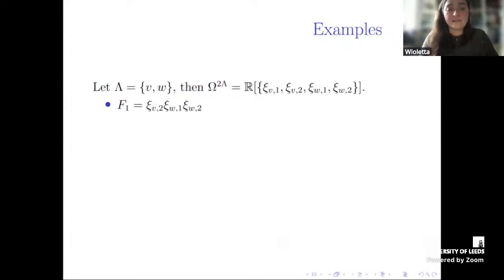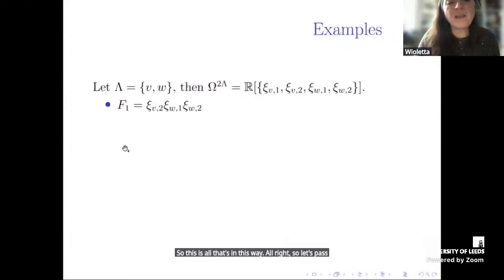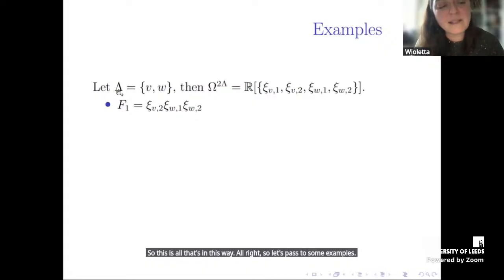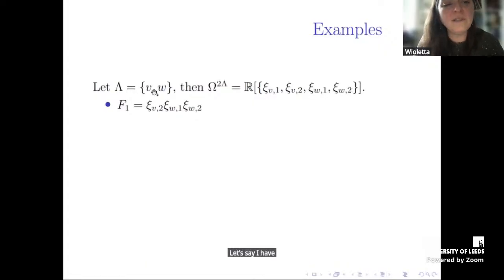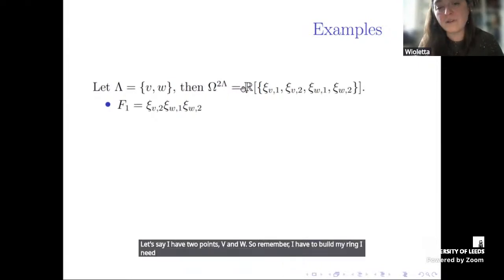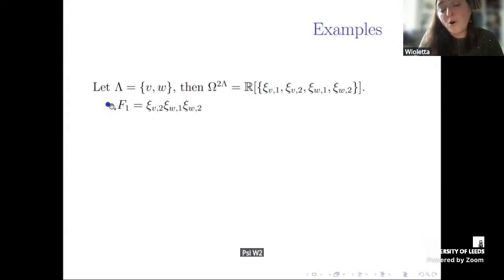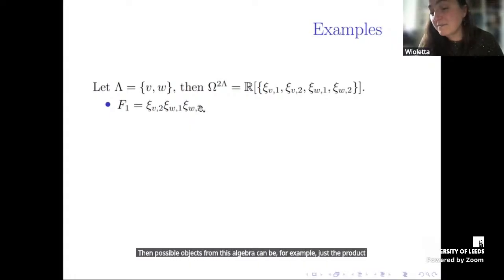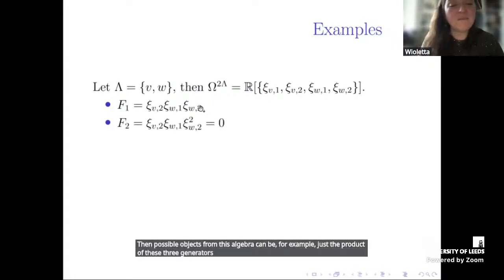All right, so let's pass to some examples. Let's say I have 2 points, V and W. Remember, I have to build my ring. I need 4 generators for 2 points. So let's call them xi V1, xi V2, xi W1, xi W2. Then possible objects from this algebra can be, for example, just the product of these 3 generators. Easy.